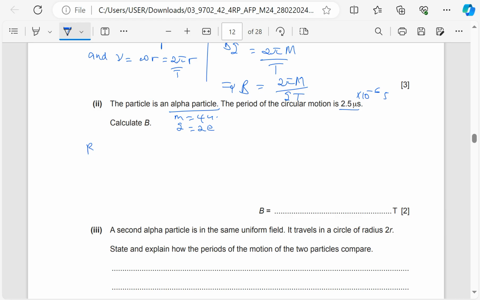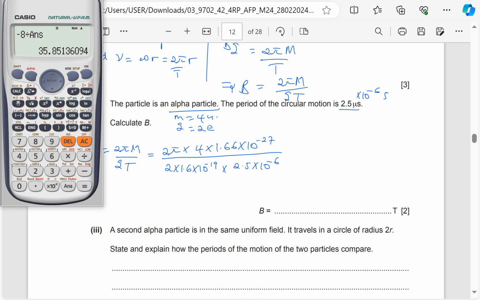So B is equal to 2 pi times m divided by q times t, which is 2 pi times m, where m is 4u, which is 4 times u, given as a constant 1.66 times 10 to the power of minus 27, that is the unified atomic mass unit, divided by charge, which is 2 times 1.6 times 10 to the power of minus 19, times period, which is 2.5 microseconds. So this is 2.5 times 10 to the power of minus 6.